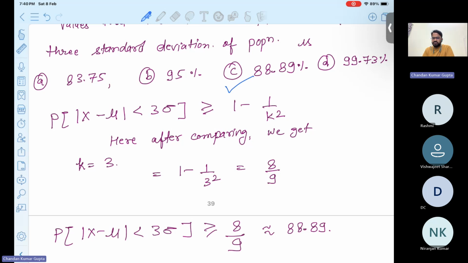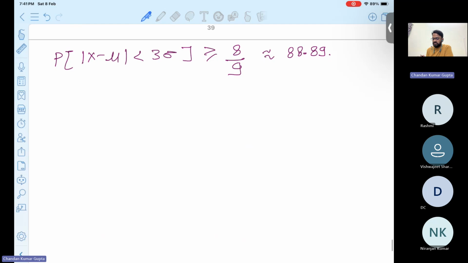For a normal distribution, the 3 sigma limit contains 99.73% of the data points. That is option D: 99.73% of the data points lie within the 3 sigma limit, defined as the mean value plus or minus 3 times the standard deviation of the random variable which follows the normal distribution. Okay. So at least a minimum of 88.89% of the data set lies within this. Actually, this comes out to be the minimum value, a lower bound.